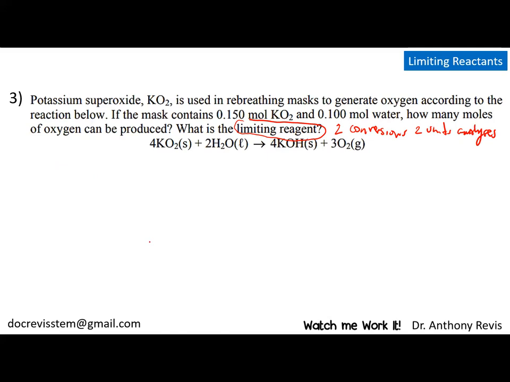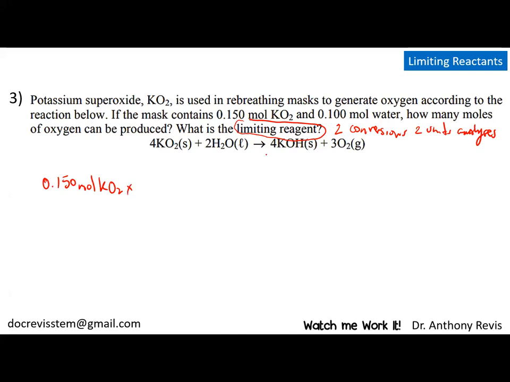Let's do two of these. Okay, so here we go, and we set this up to do both of them. Let's do it with what we have. Let's start with the KO2. So we do 0.150 moles as my given of KO2.